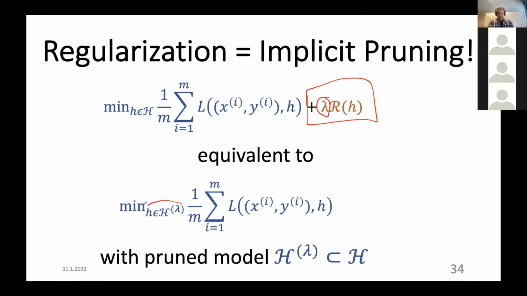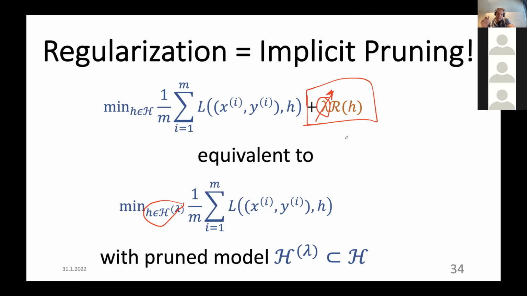So the constraint that the hypothesis should belong to a pruned hypothesis space can often be represented equivalently by adding a regularization term. So this is just a dual form of model pruning. And you can then work out how this choice of lambda, which is a hyperparameter of the method, behaves.